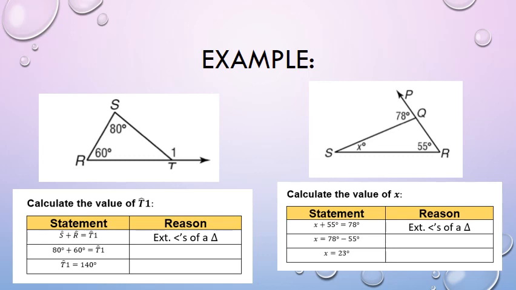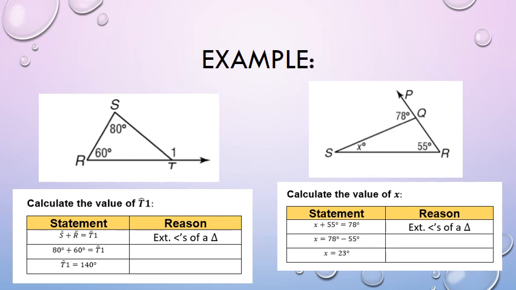So if you go to the inside, the opposite is that 80 and 60, angle S and angle R. So angle S and angle R is equal to angle T1. What is my reason? Exterior angles of a triangle. So 80 plus 60 is 140, so T1 is equal to 140.